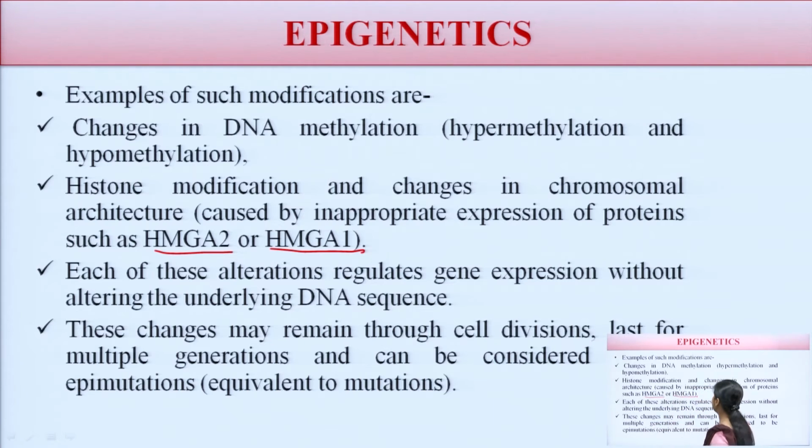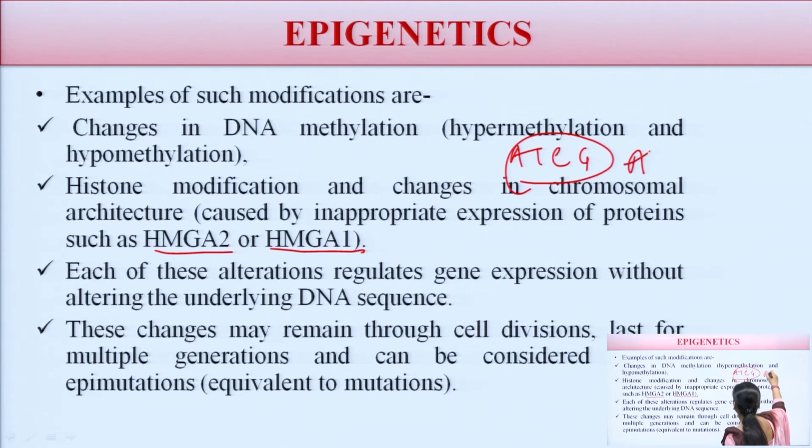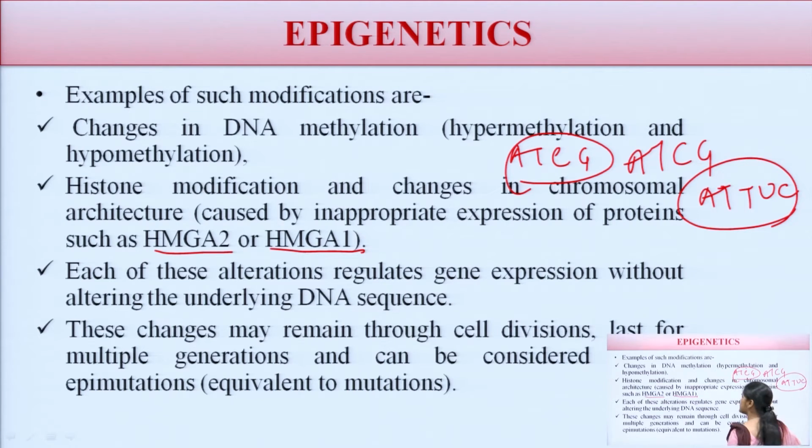Just like if the series is A, T, G, C, right, or A, T, C, G, there is a variety of series. There is no change in the series, but there is a change.